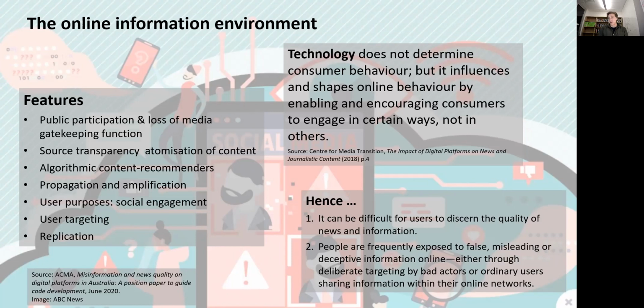Another feature of the online information environment is a lack of transparency over the source of information. And all of this has to do with the atomization of content. What that means is that if you think about your feed on Twitter or Facebook or Instagram, whatever it might be, it's just an endless feed with little distinction between items of content, right? It's not like going to the newsagent and buying your favorite newspaper or turning on the television on your favorite news broadcast, right?